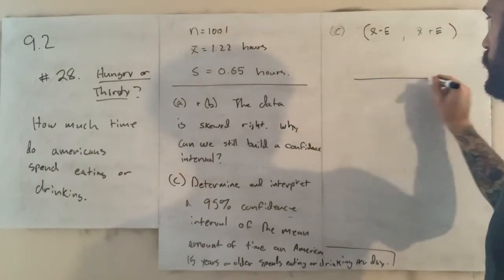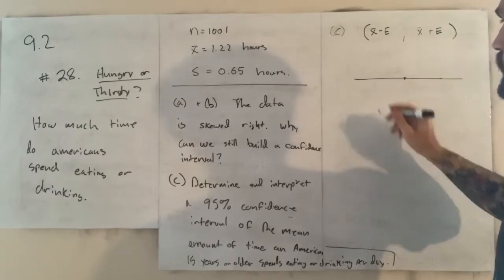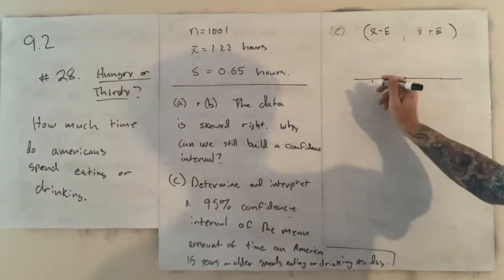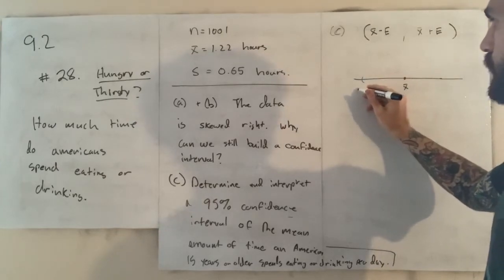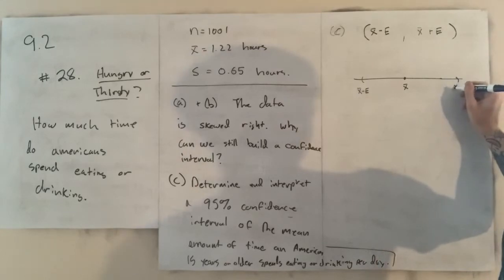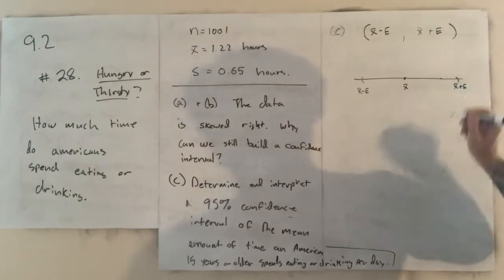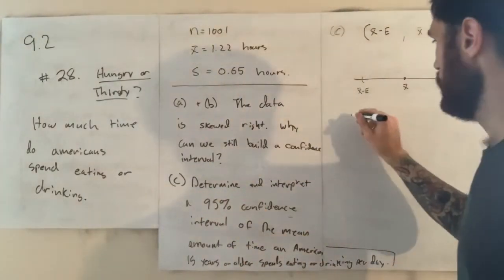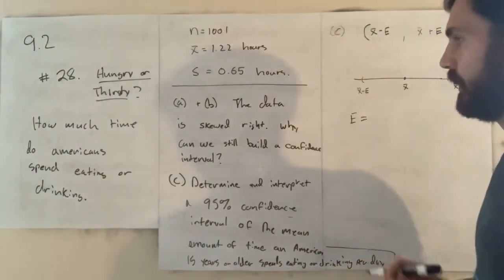So remember, your point approximation is going to be in the center of this interval, and then you're going to have that minus your error and that plus your error. And how do we find the error? That's all it boils down to, we have to find the error.